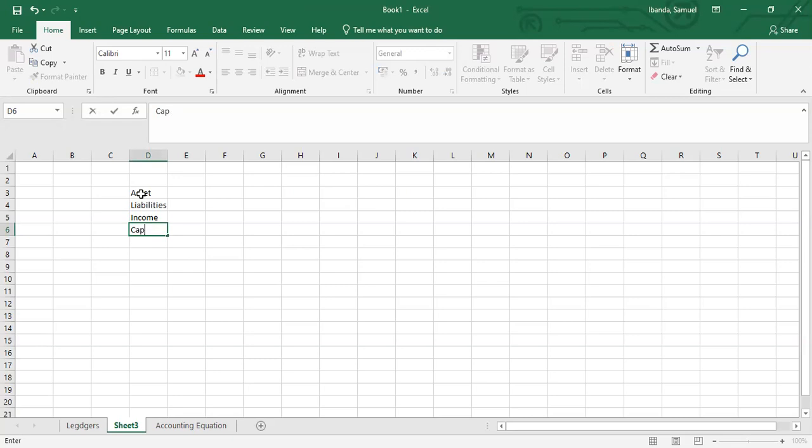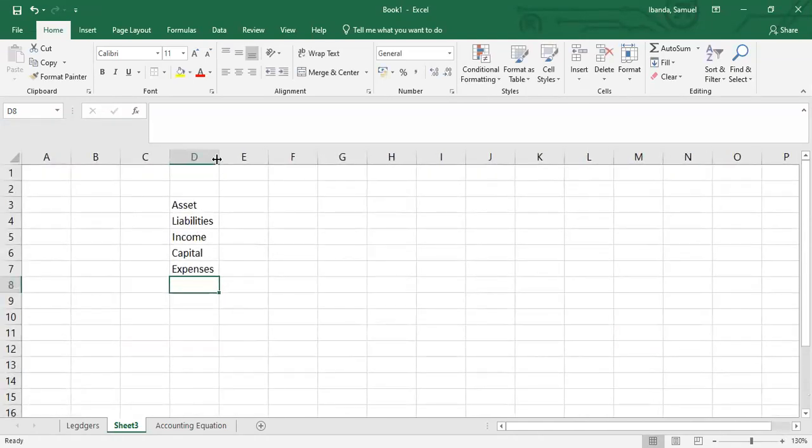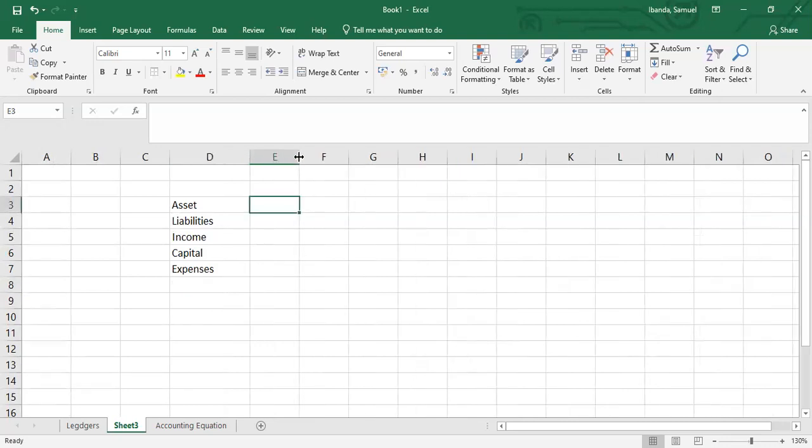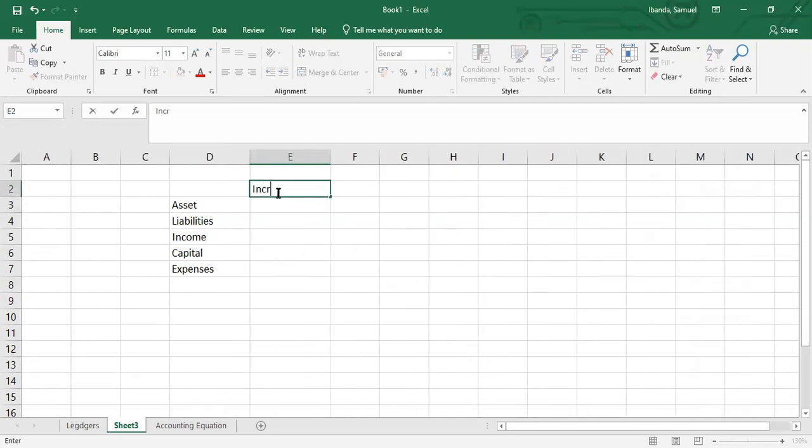And these are expenses. We have two things here: when each of these is increasing, and when each of these is decreasing.